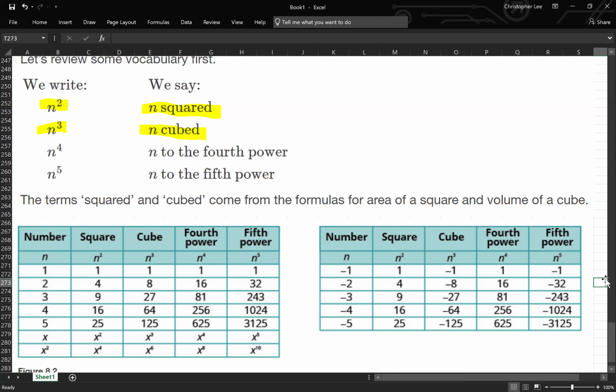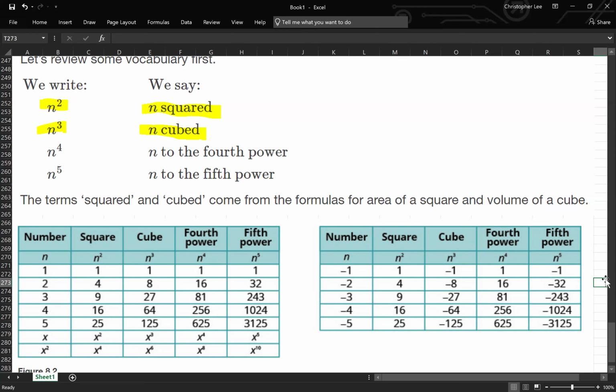The cube of those numbers would be 1, 8, 27, 64, 125, x cubed, y to the sixth power, so on and so forth, right?